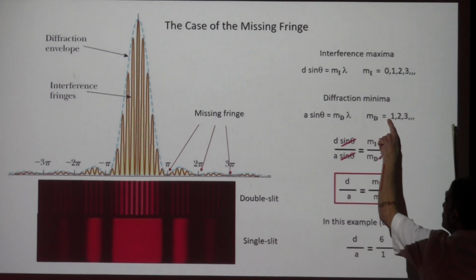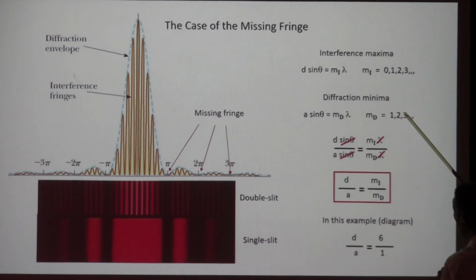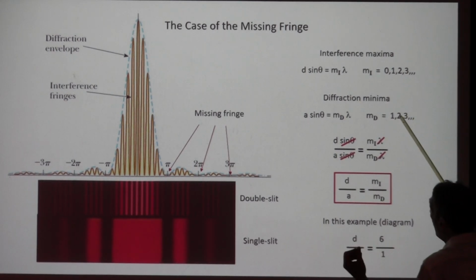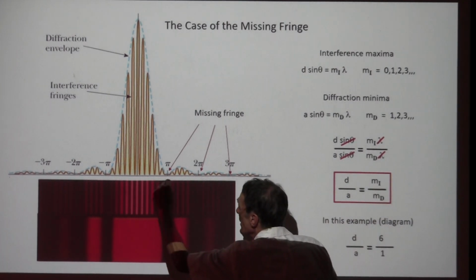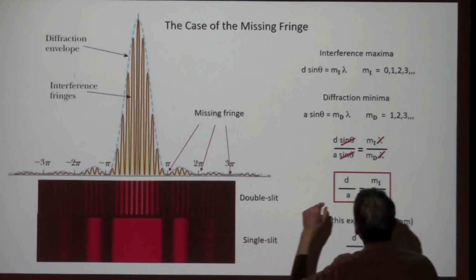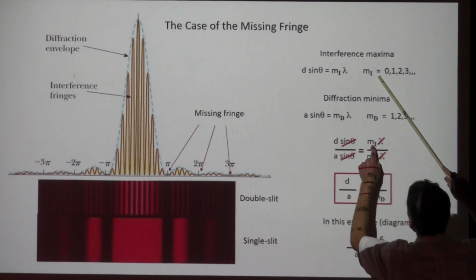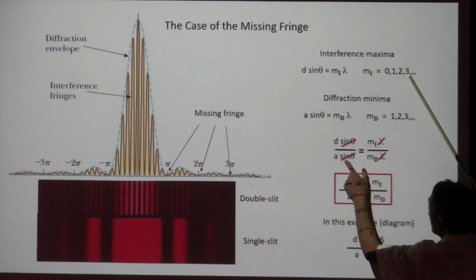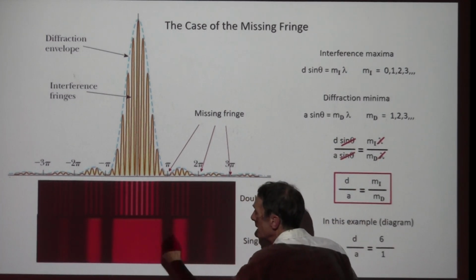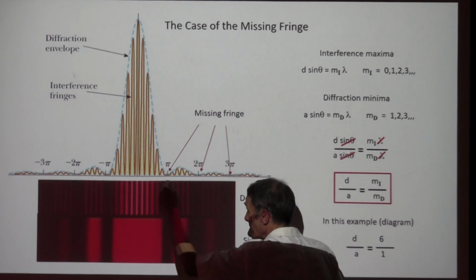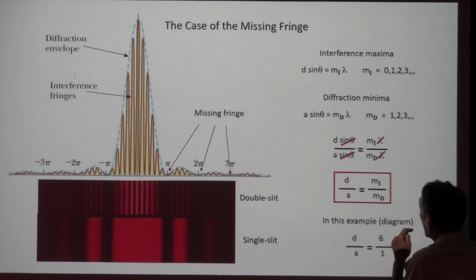So again, I can't use 0, but I can use 1, 2, 3. These don't have to be the same number. They just need to be a whole number. And the idea that I would have some interference pattern here, so I would have constructive interference for one of these, and then I would have destructive interference from the single slit diffraction. So these two in a sense are going to kind of cancel out.